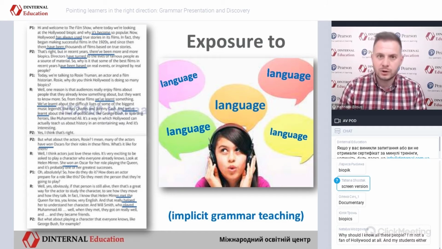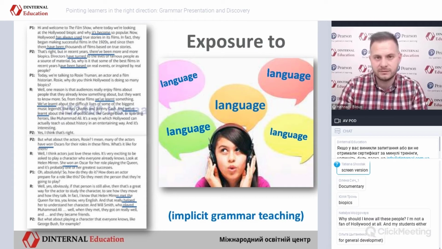They still work on the meaning of this listening activity, and it's got a lot of meaning, right? People communicating and discussing this thing, and teaching grammar, or students getting exposed to grammar, happens implicitly. So they don't expect yet that this is the focus, that this is the target grammar.